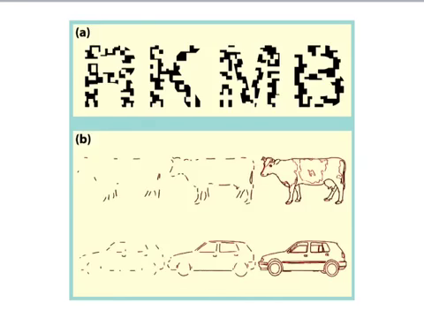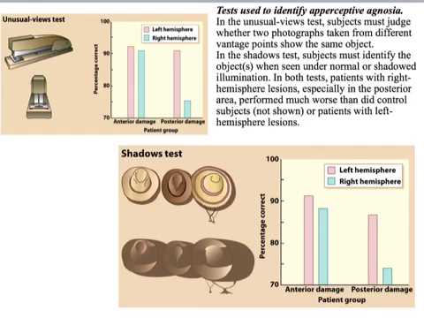People with left hemisphere lesions have a severe language problem, but they don't seem to have these deficits in these tests. Likewise, when patients had right hemisphere lesions, they performed much worse than controls or people with left hemisphere lesions in being able to distinguish that these are three hats together and that this is a stapler in a different view.